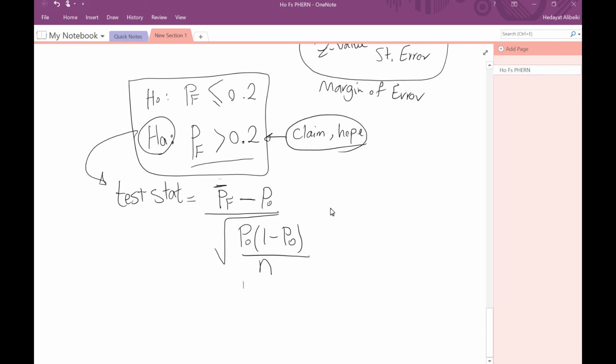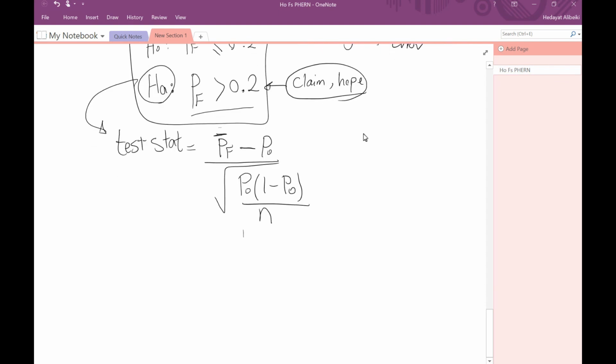And after we calculate the test statistic, we need to calculate the p-value: lower tail, upper tail, and two tail.